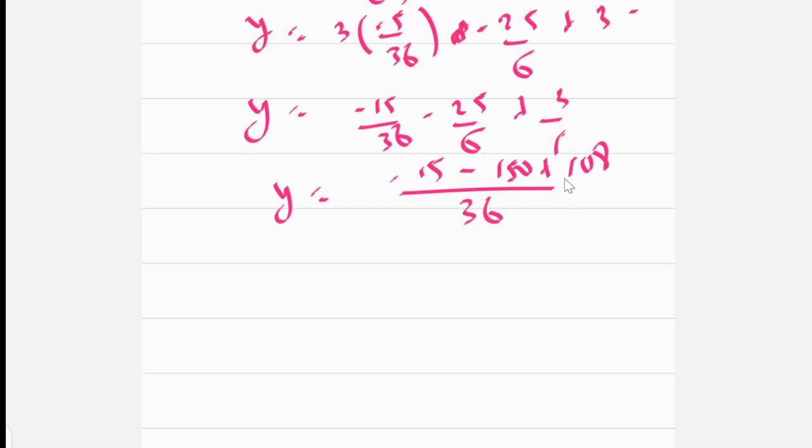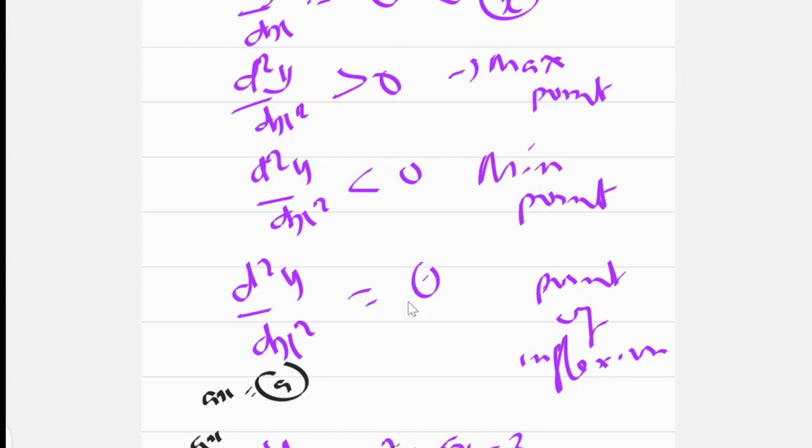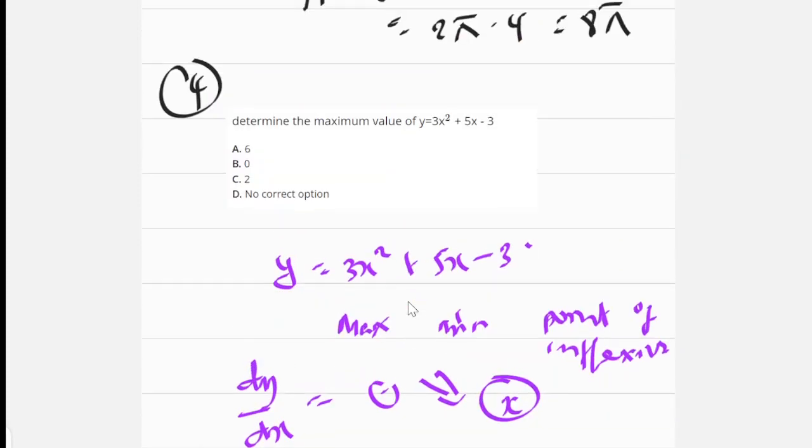So if you combine these, 75 minus 150 minus 108, that is minus 183 over 36. Let's check from the options.